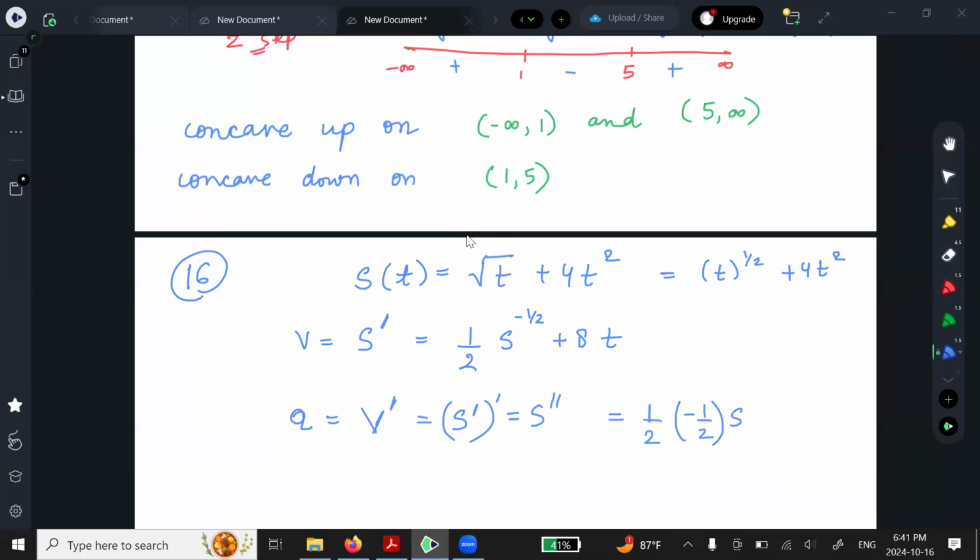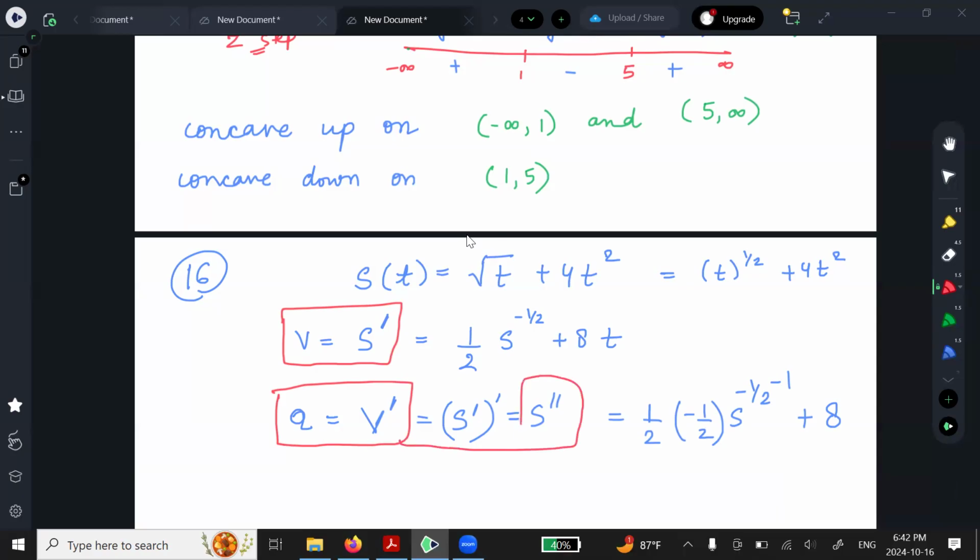Doing good so far? Velocity is the rate of change in your position. Acceleration is the rate of change in velocity, like you said. But velocity is this guy. So technically acceleration is the double derivative of position.